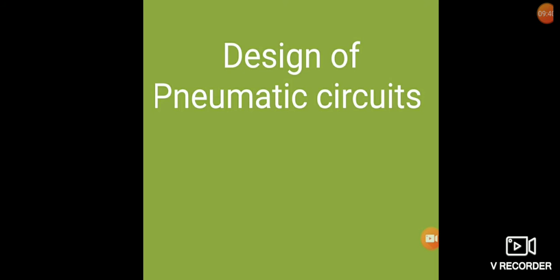The direction of flow path is established by the proper locations of the directional control valves. After the pressurized air is spent driving actuators, it is then exhausted back into the atmosphere.